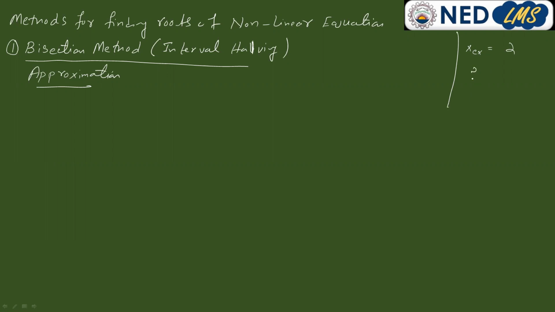You put that 2 in and you get exactly 0. But you don't know how to compute that 2 for this polynomial or transcendental equation. So what you can do is try to approximate. You somehow find a root by a certain logic, which we have to learn in this method and other methods as well. For example, you will get the answer 1.99 something.